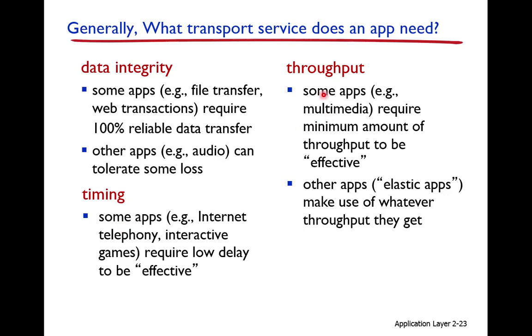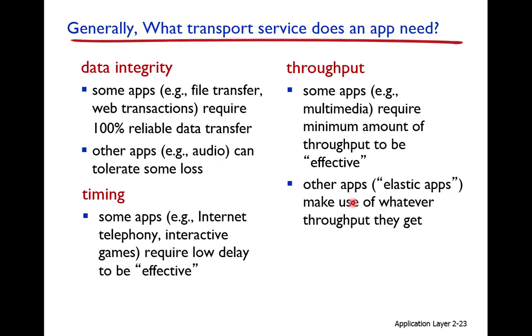Some applications want minimum throughput. For example, audio video communication needs minimum bandwidth. And some applications don't require any specific bandwidth. They are elastic: as much bandwidth as available is good. For example, a file can be downloaded on 1 MB bandwidth or on 100 MB.